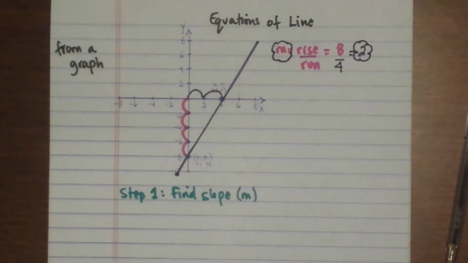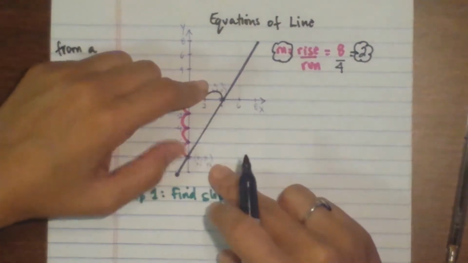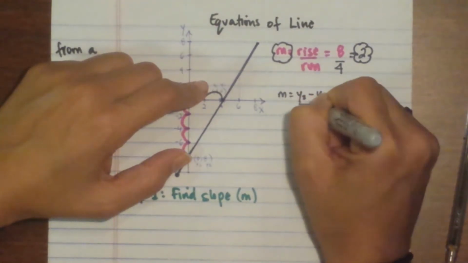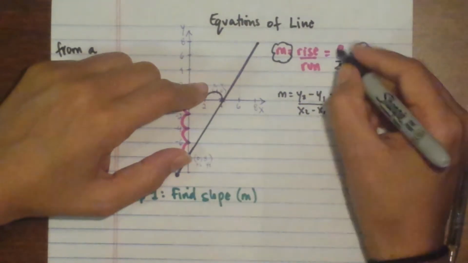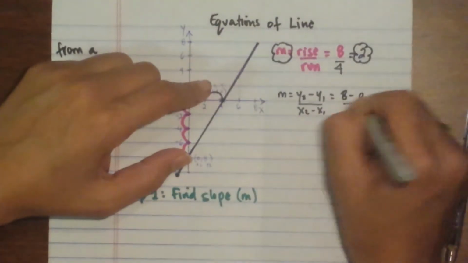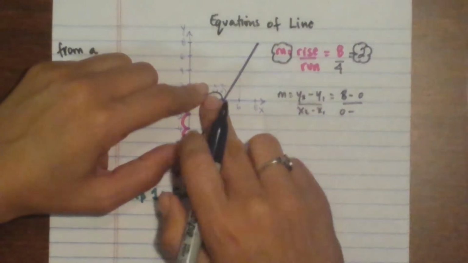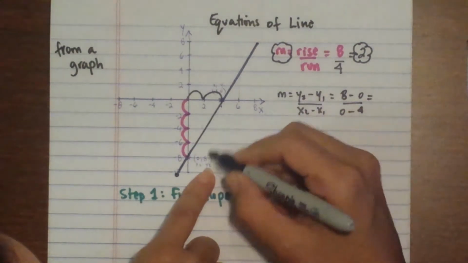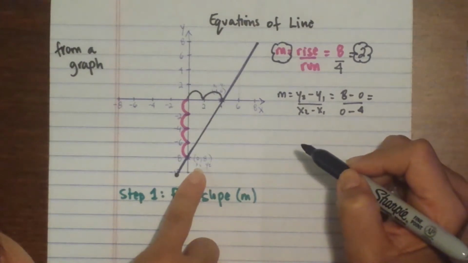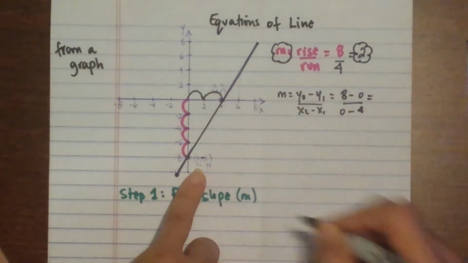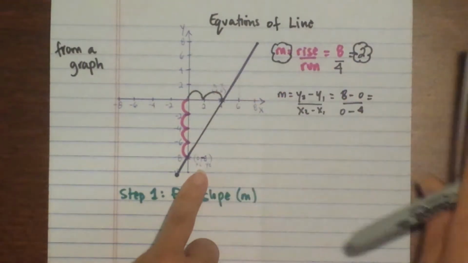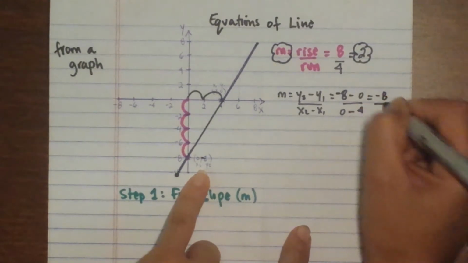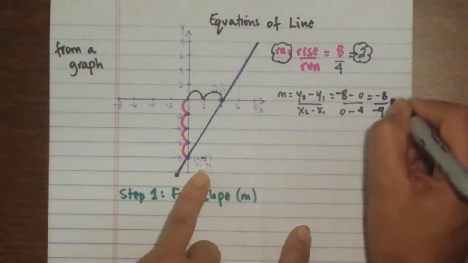Do not write this next part down. I just want to show you that you get the exact same answer if you do it from 2 points. m was y2 minus y1 over x2 minus x1. y2 is, oh, this is 0, -8, because you go 0 and then 8 down. So y2 is -8 minus y1, which is 0, over x2, which is 0, minus x1, which was 4. -8 minus 0 is -8. 0 minus 4 is -4. -8 divided by -4 is 2.